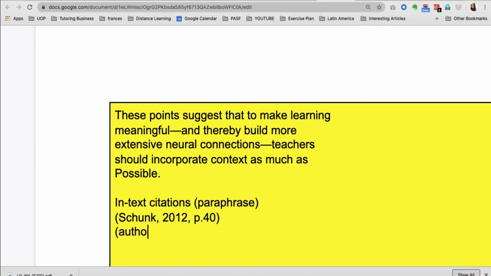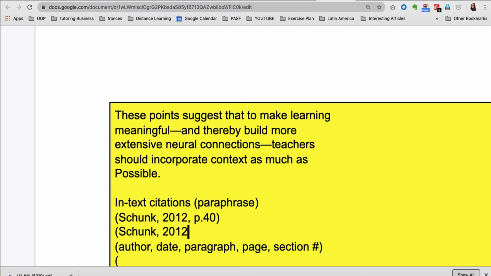But basically it's the author, the date, and the paragraph or the page section number. Okay, if you want to do a paragraph, it would be like, let me show you here.